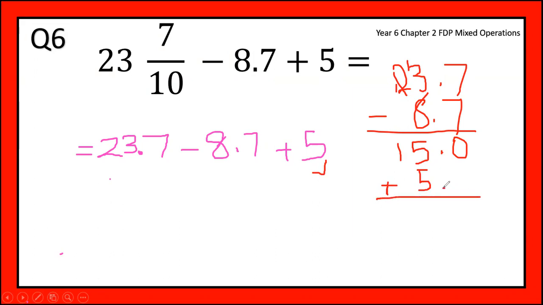Remember, write it properly. You can put a 0 here. So literally, this is just 20.0, which is the same as 20. Done.